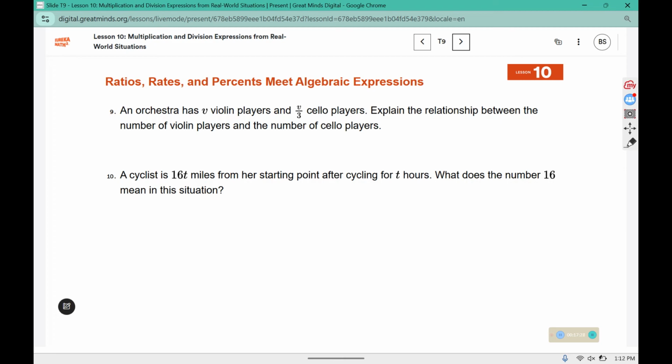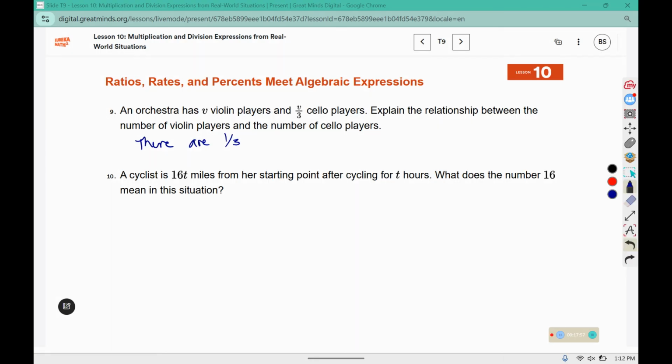An orchestra has V violin players and V divided by 3 cello players. Explain the relationship between the number of violin players and the number of cello players. There are a third, because it's divided by 3, the number of violin players as cello players.